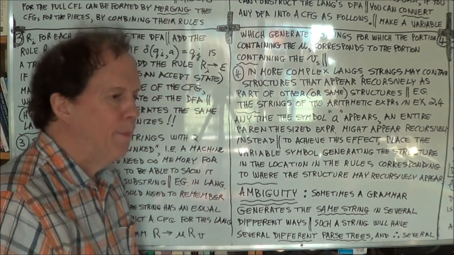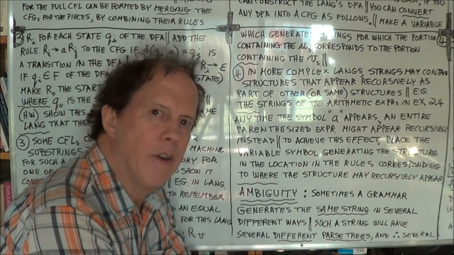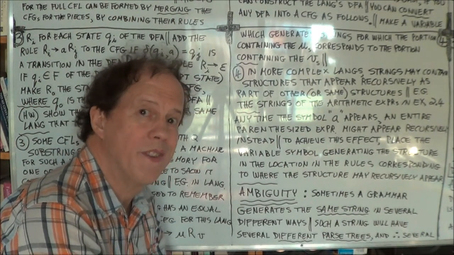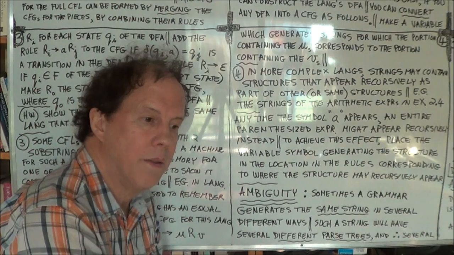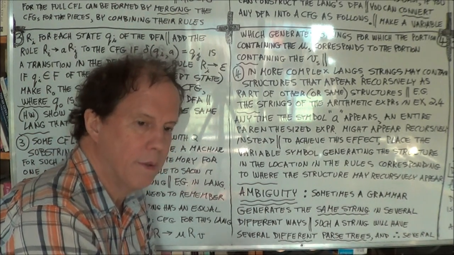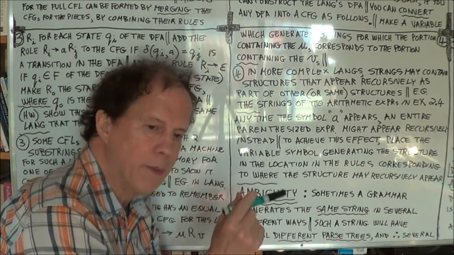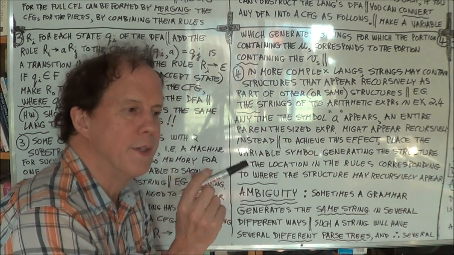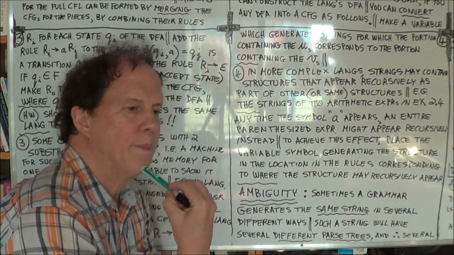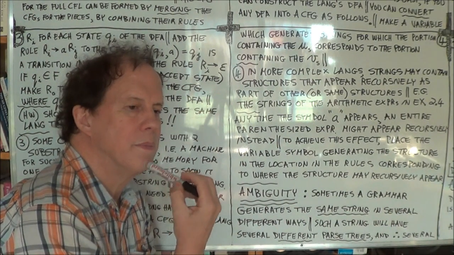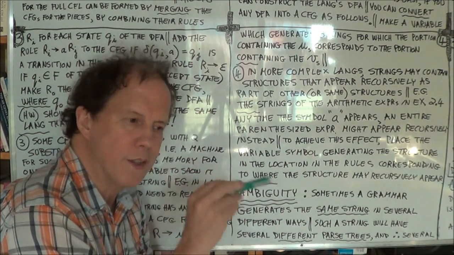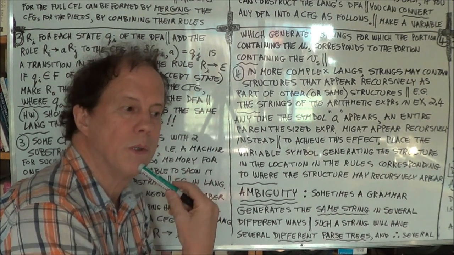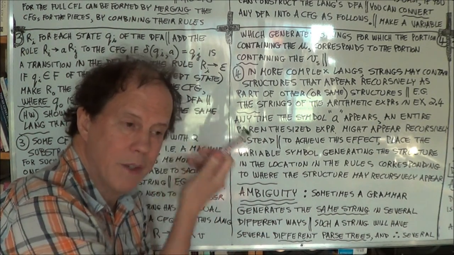Now, that particular grammar involved parentheses, and the strings generated by that grammar, the use of those parentheses in the strings matched the usual precedence rules in arithmetic.